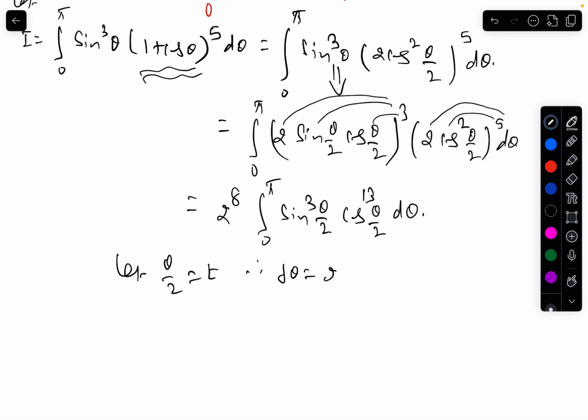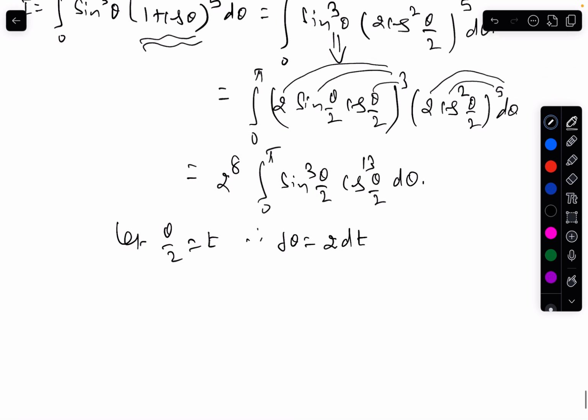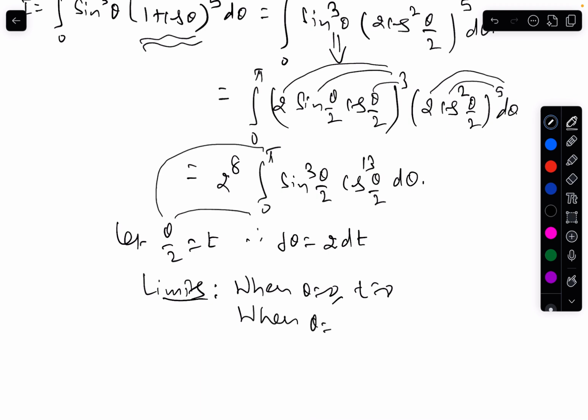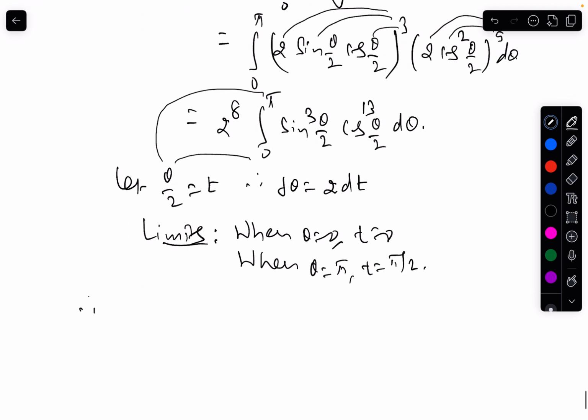And therefore d theta is equal to 2 dt, and the limits: when theta is 0, t is 0, when theta is pi, t is pi by 2, and therefore this is 2 power 8 integration 0 to pi by 2 sine power 3t cosine power 13t, and d theta is 2 dt.